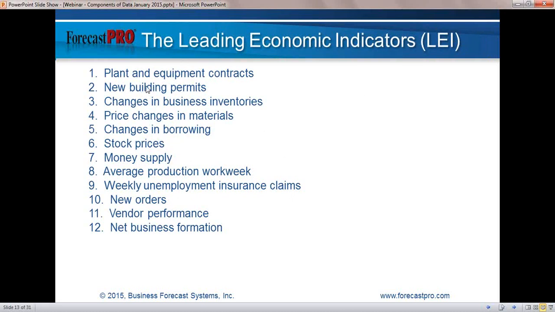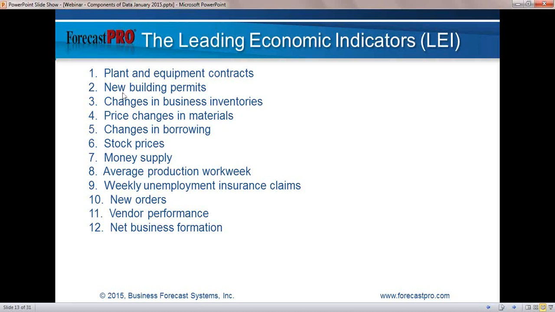Basically, the concept here is if we look at what these things represent: plant and equipment contracts, new building permits, changes in inventory, changes in pricing, changes in borrowing. It's pretty easy to think that if we see changes in the number of plant and equipment contracts, say it's increasing, that we would expect that that's going to spur economic activity going forward.